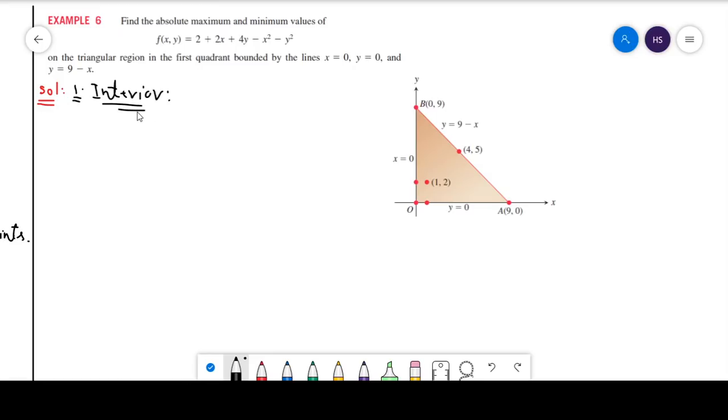For interior points, we need to calculate both partial derivatives, because those would be the points where the first two derivatives are either 0 or undefined.